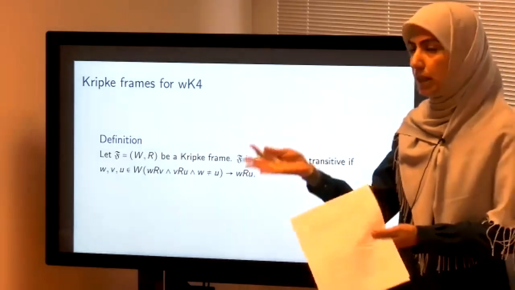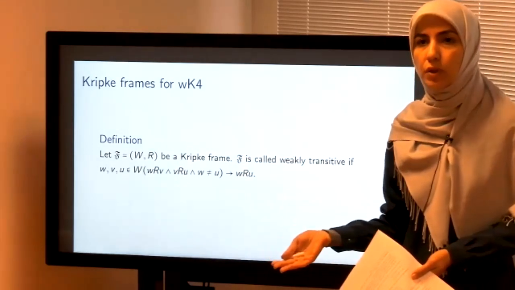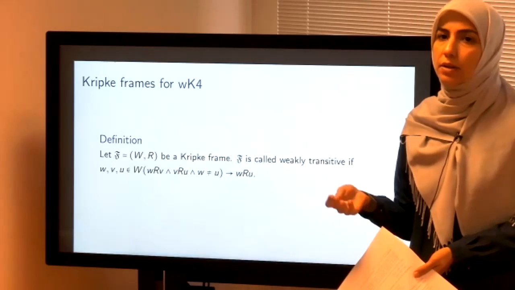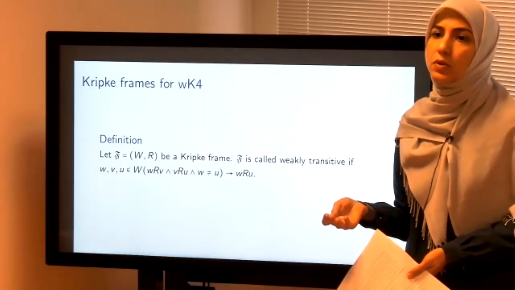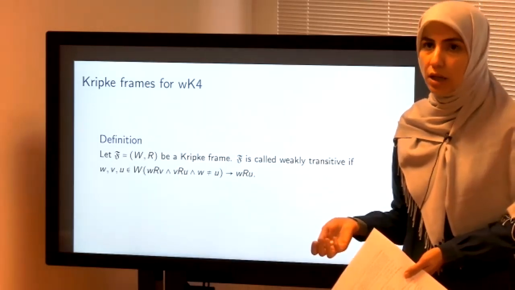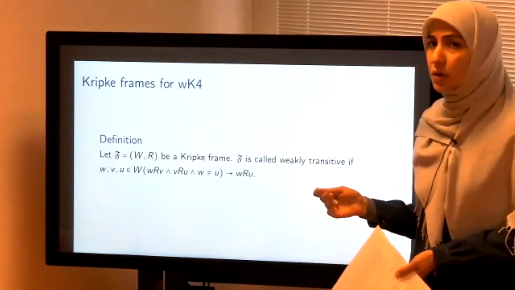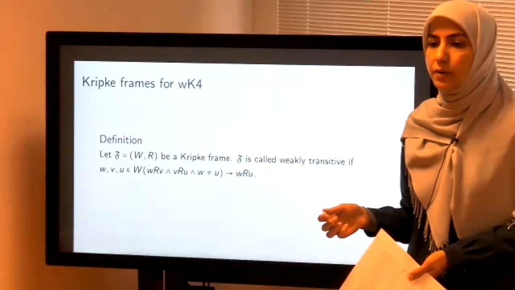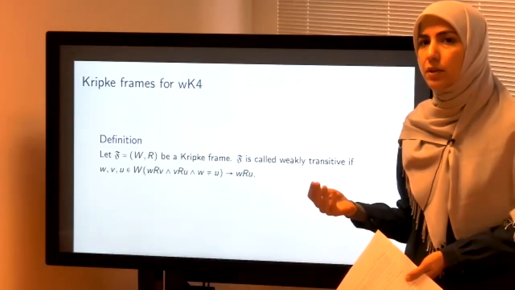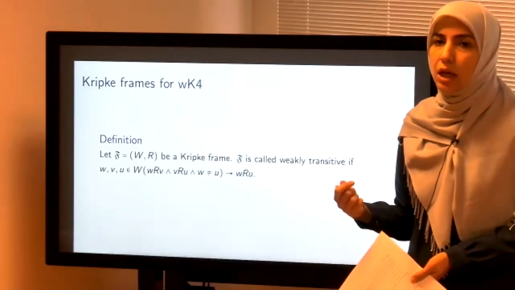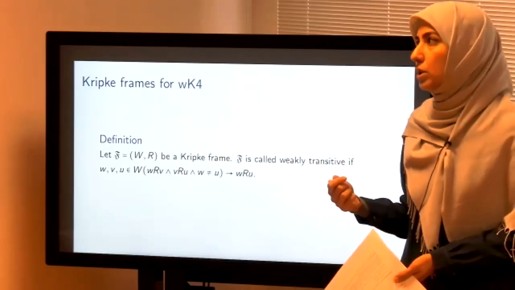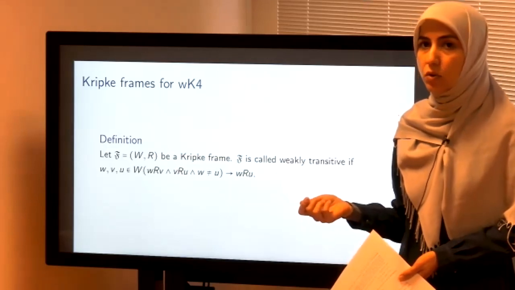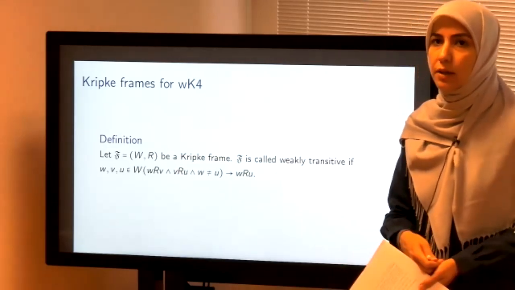For example, in C-semantics, when we want to prove the completeness of S4 for the class of topological spaces, or even with respect to the real line, we use the results from Kripke semantics, where S4 is complete with respect to the class of reflexive and transitive frames. Now we want to show that WK4 is complete with respect to which kinds of Kripke frames.